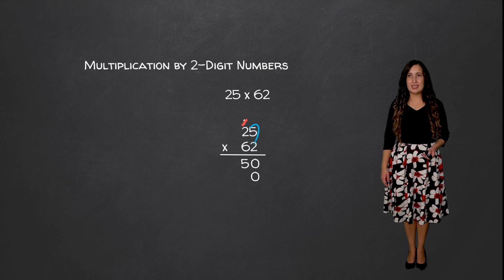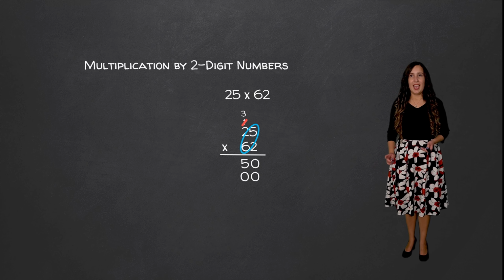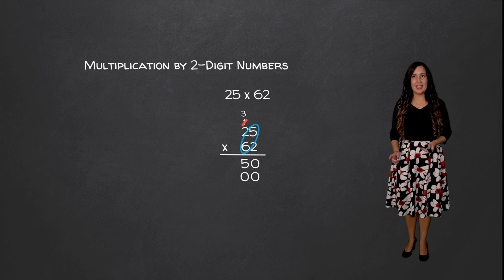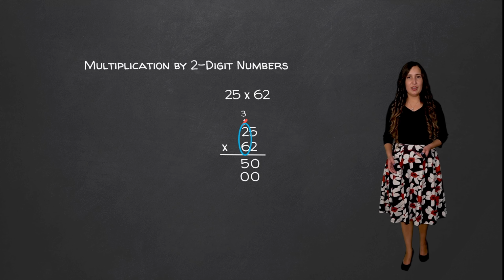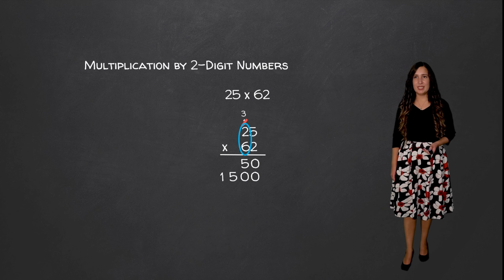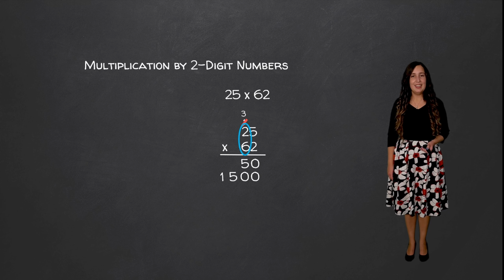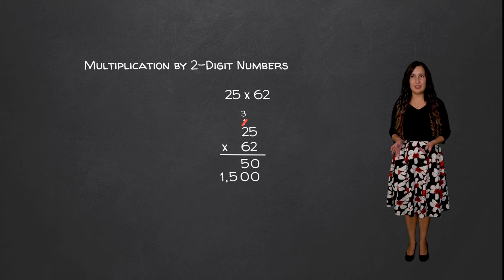Now we could do 6 times 5, which is equal to 30. So we bring down our 0 and we bring up our 3. And then we're going to do 6 times 2. And 6 times 2 is 12, but don't forget to add the 3 above it, giving us a value of 15. All right.